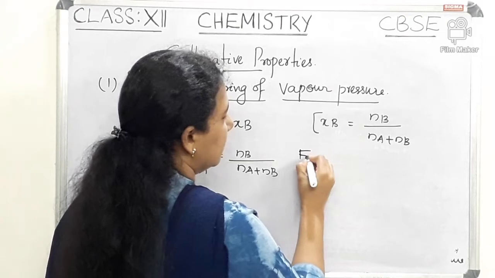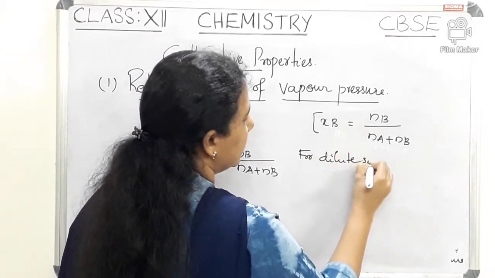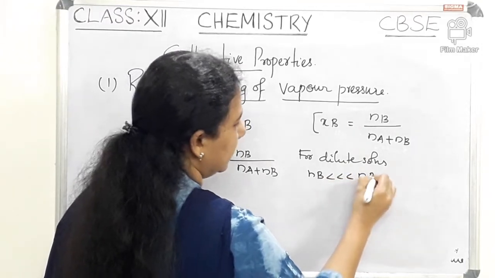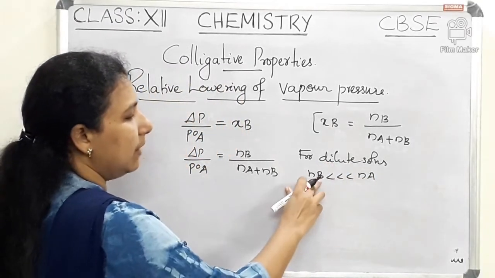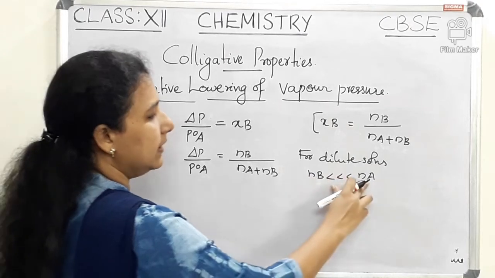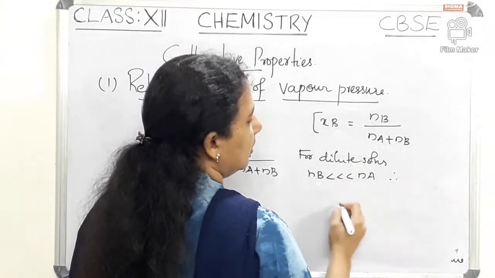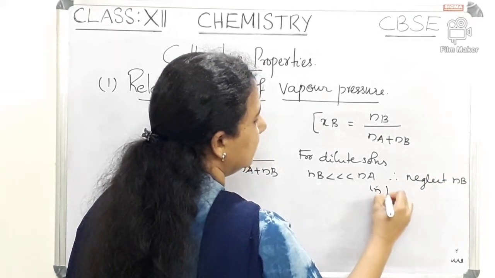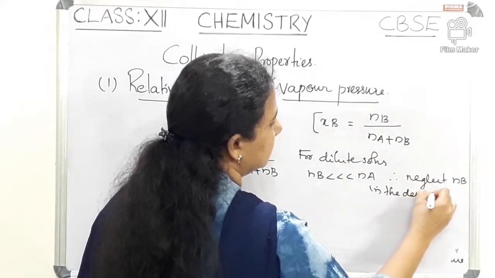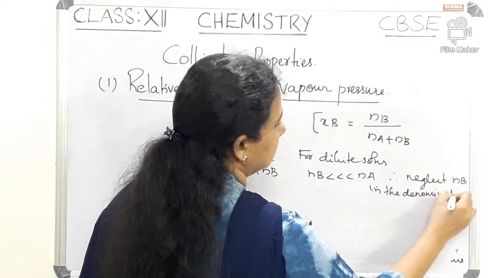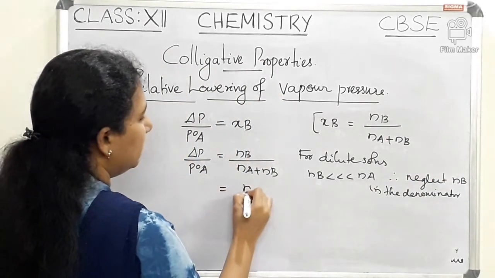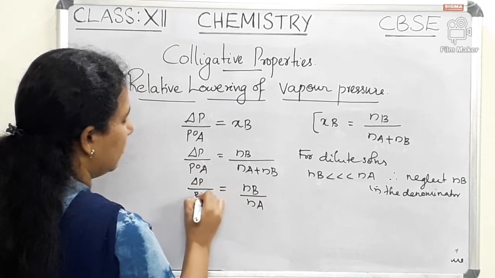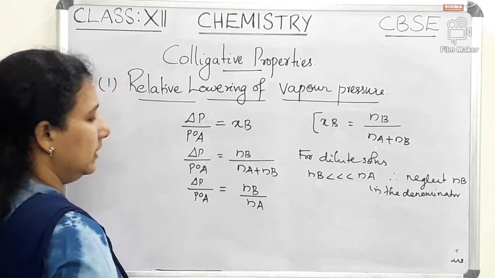For dilute solutions, NB, the number of moles of the solute, is very much less than NA. Therefore, we can neglect NB in the denominator. So delta P by P0A equals NB by NA.